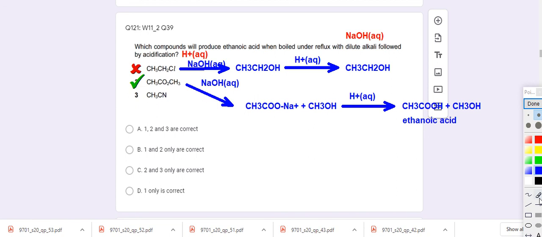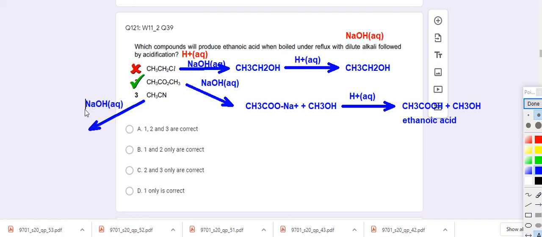Let's look at the last one, a nitrile. Nitrile is also a compound that can undergo hydrolysis with dilute acid or dilute alkali, because hydrolysis means they react with the water in the aqueous solution.